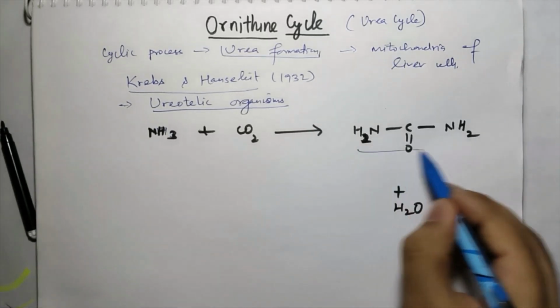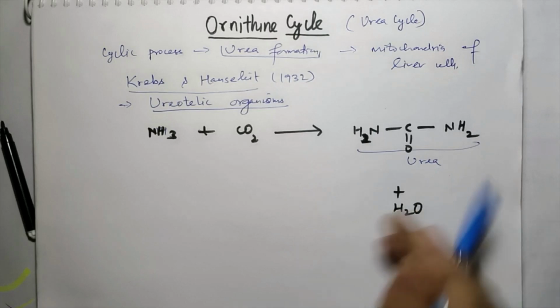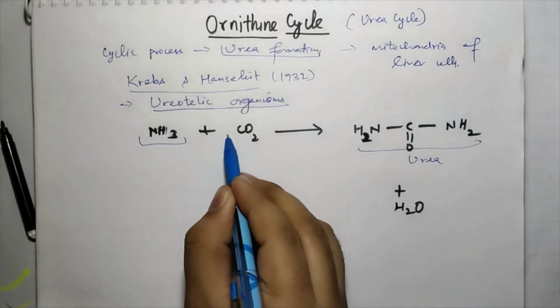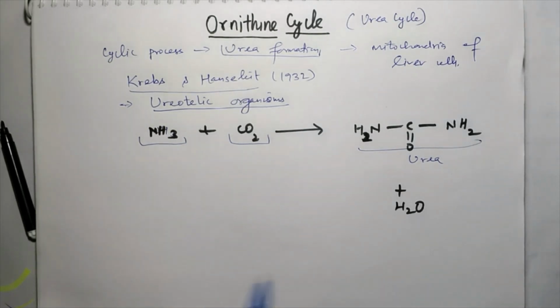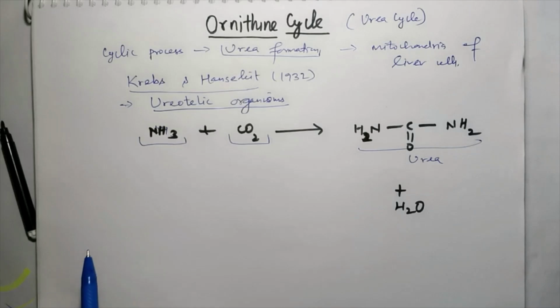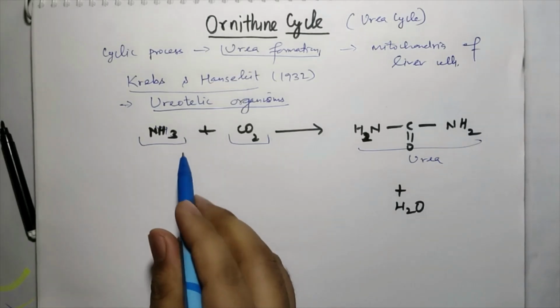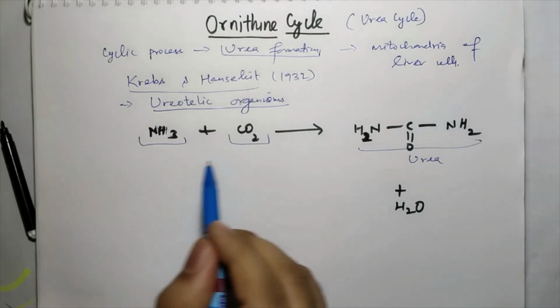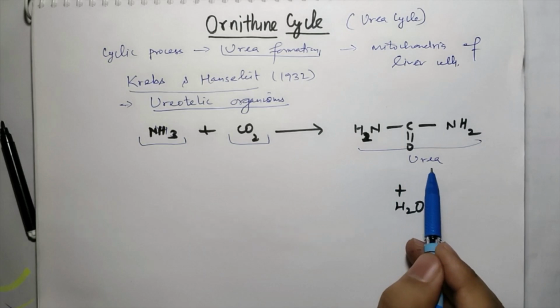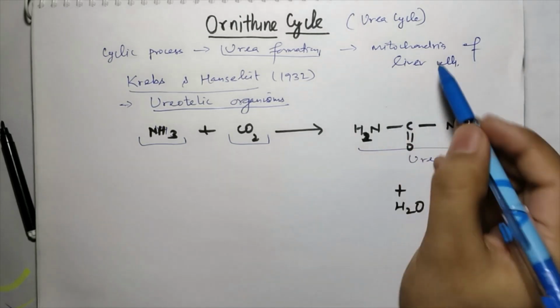So this is urea, and the raw materials or ingredients for this urea are ammonia and carbon dioxide. First of all, we will study the source of ammonia and carbon dioxide, which act as ingredients for the formation of urea within liver cells.